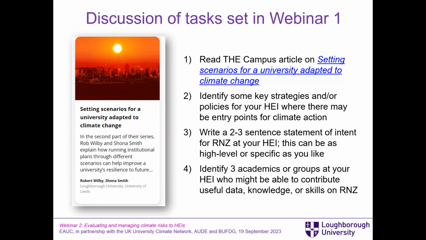So I'm not going to put anyone on the spot, but did anyone have a go at this? What did they learn from the process that they would like to share with the group?